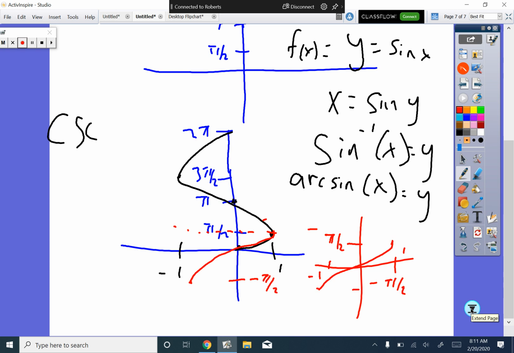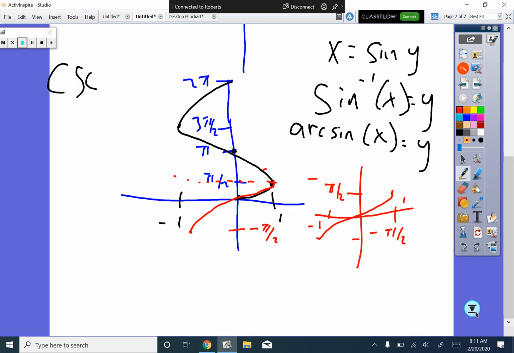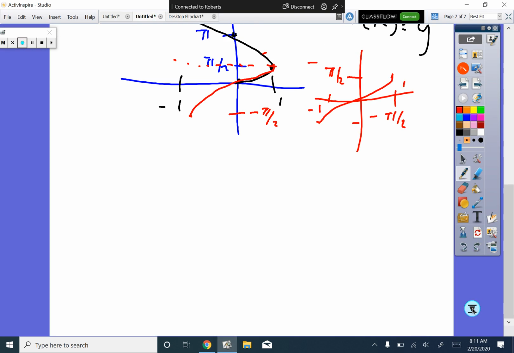Now, I want to check one more time. Sketch graphs of the inverse trig function. That's this right there. We just sketched it. So this is the important part for the inverse trig function. This is what you need to know.